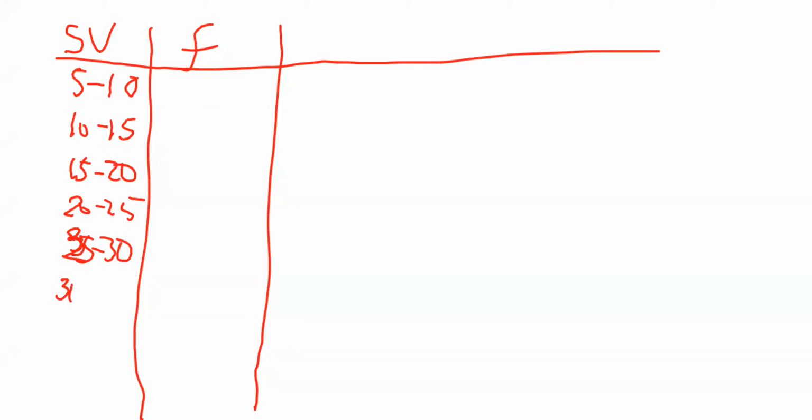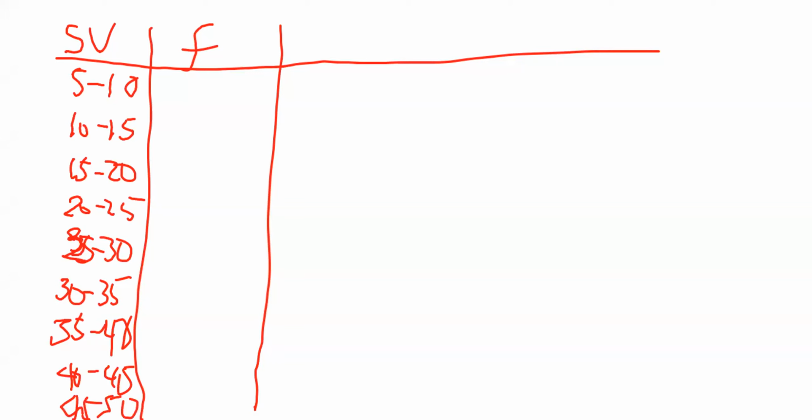Then 30 to 35. 35 to 40. Did they stop at 40? Continue. Where did it stop? At 45 to 50. Okay, 40 to 45. Then 45 to 50, the last one. Stop at 50.